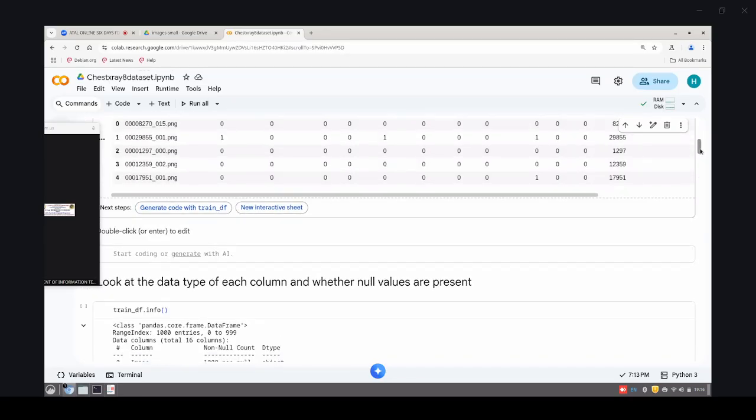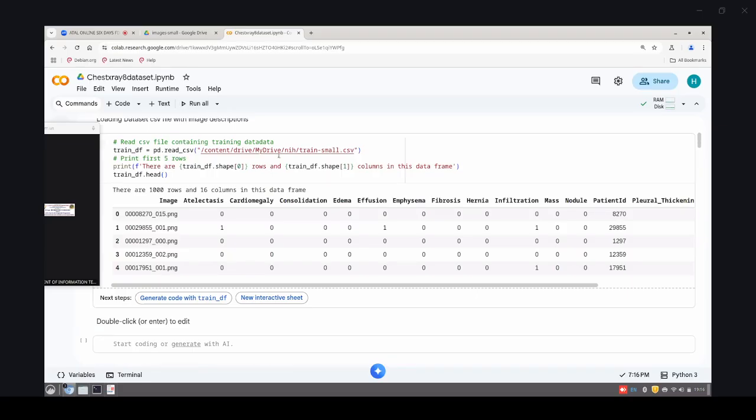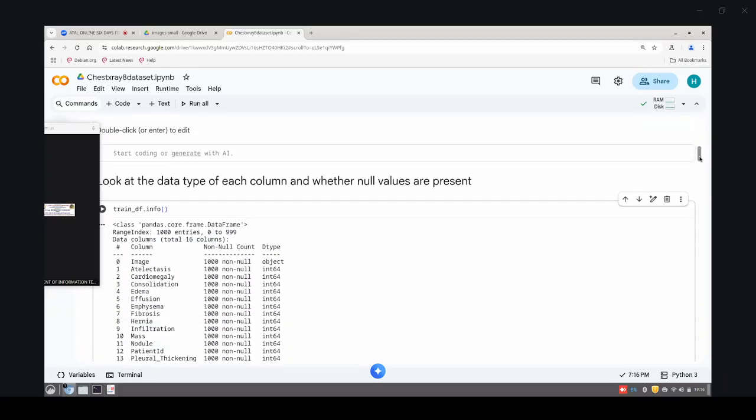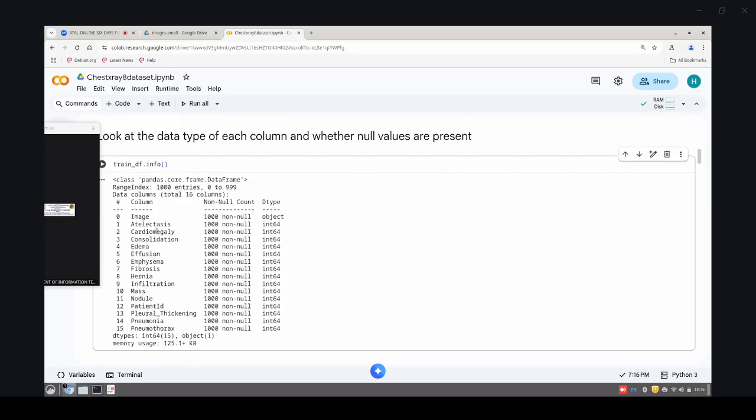So now I have to look at these. I am using the pandas library's pd.read_csv function to load this CSV file and save it in train_df. And train_df.info will give me information about each column: what are the columns of this CSV file, and how many entries are there for each column.